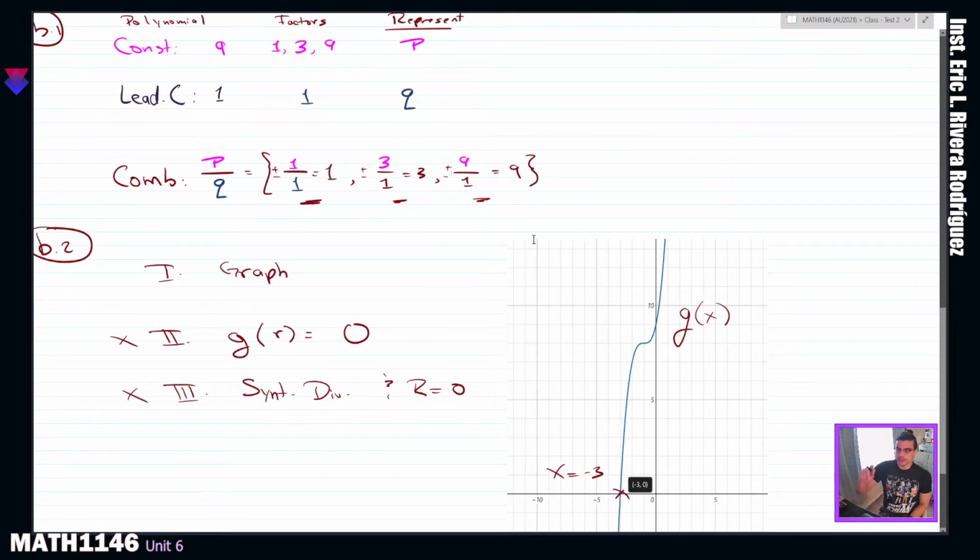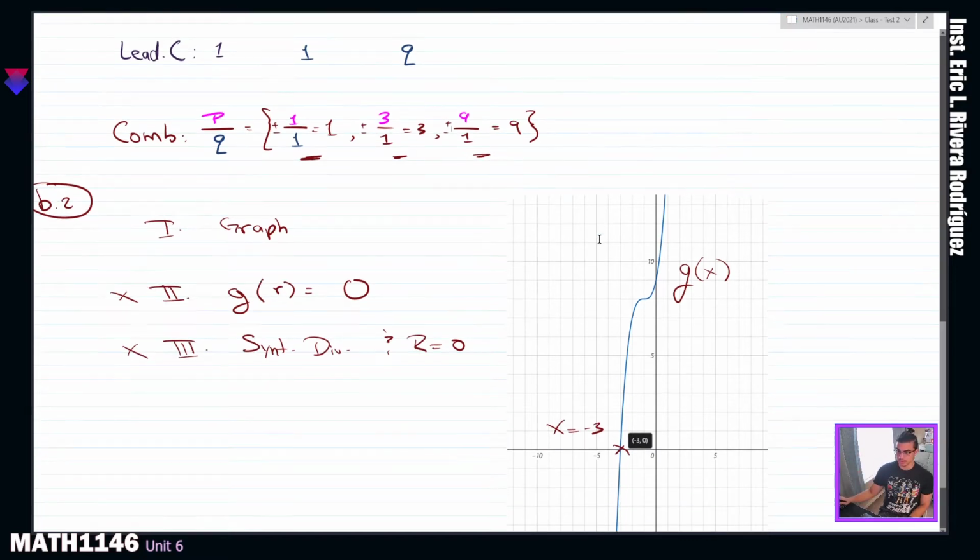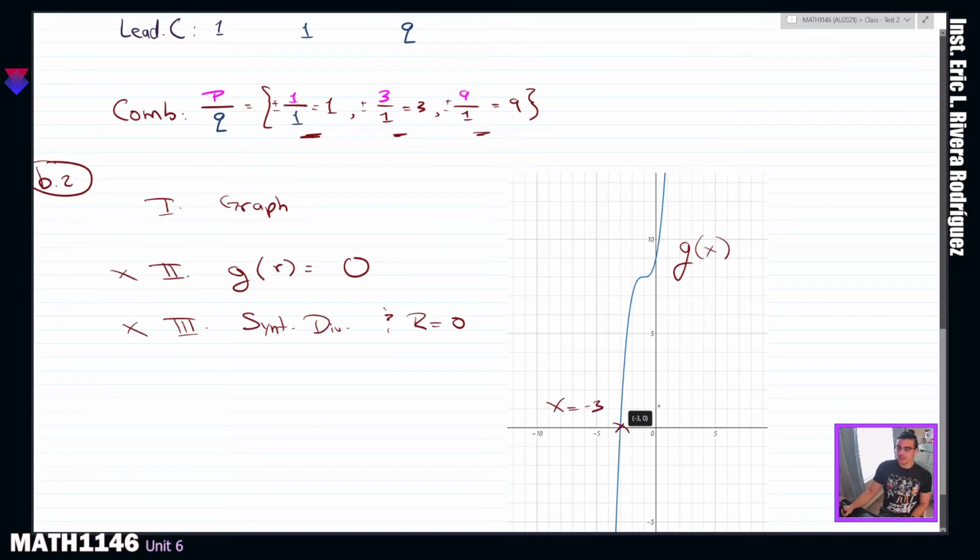So I forgot to tell you that in the combination of possible rational zeros, we're going to consider the positive and negative. That's important. From the graph, you can now be certain that there is at least one rational zero. Well, there is only one, because we can see from the graph that there is just one x-intercept.